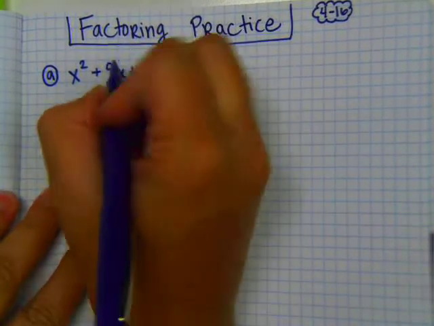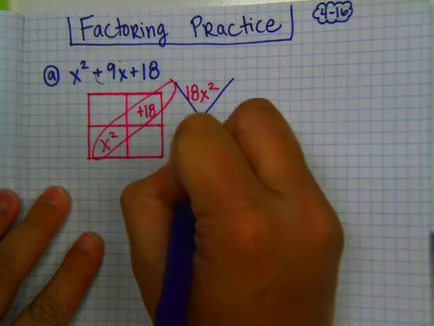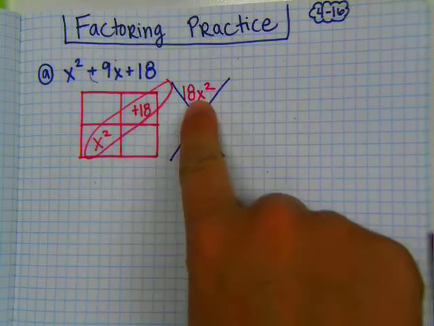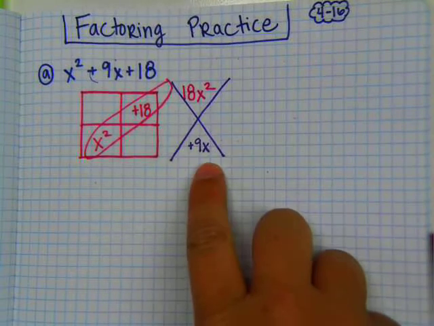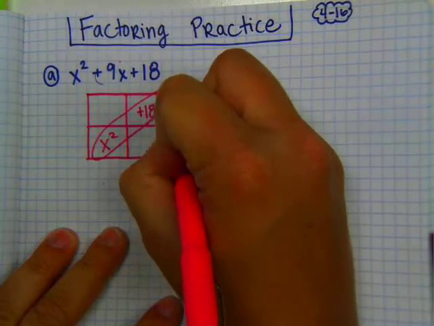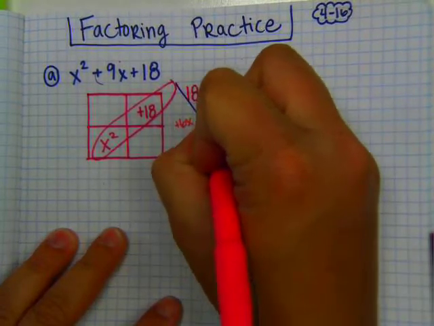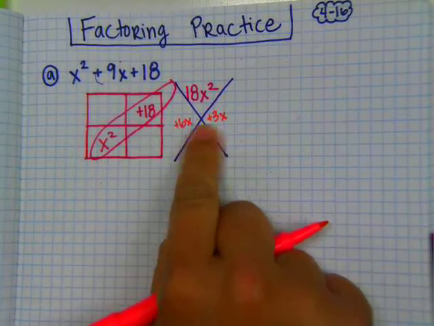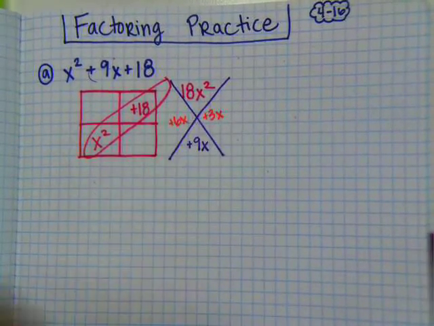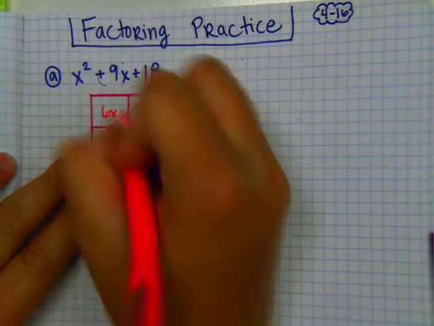I should be putting that middle term, which is a plus 9x. So now we're trying to find two numbers that multiply to 18x squared and add to 9x. Hopefully you got that that's going to be 6x and 3x, because 6x plus 3x is 9x, 6x times 3x is 18x squared. Those go in the corners.